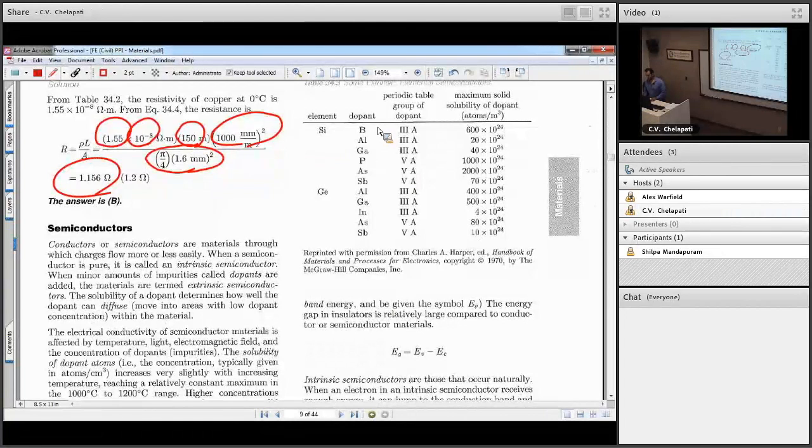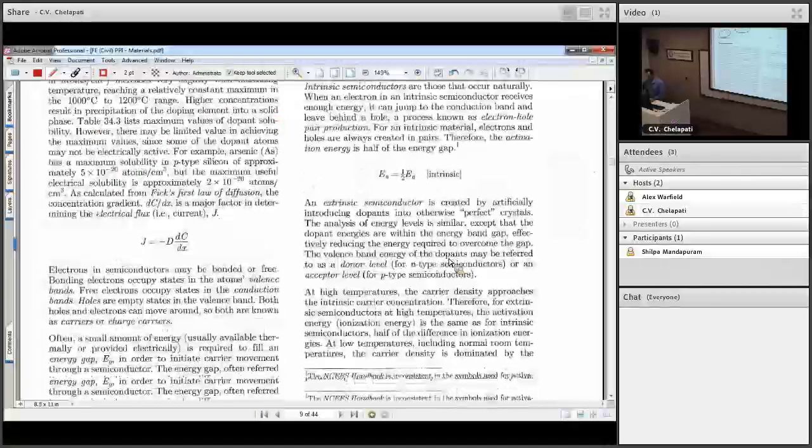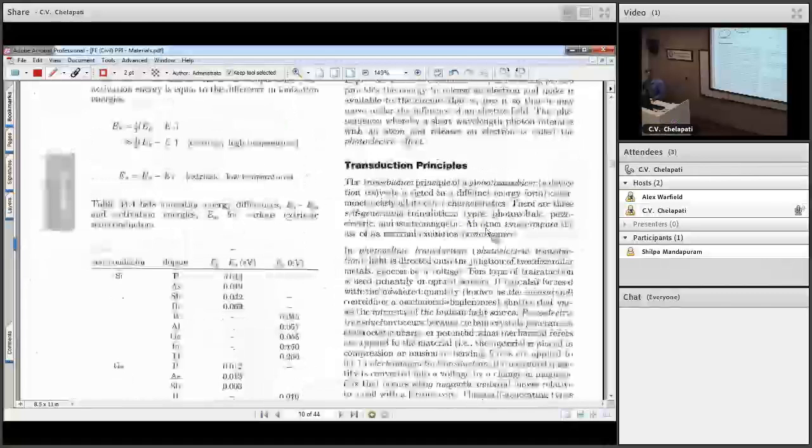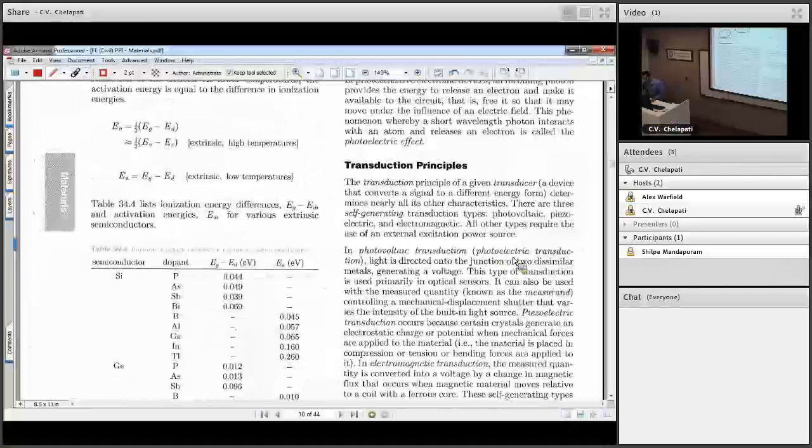So that's another electrical property of material to consider. Semiconductors are another category of material. Just to let you know what semiconductors are, the electrical conductivity of a semiconductor is affected by temperature, light, magnetic field, and so on.